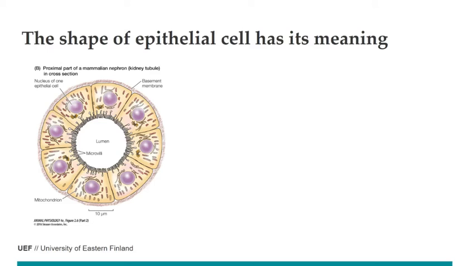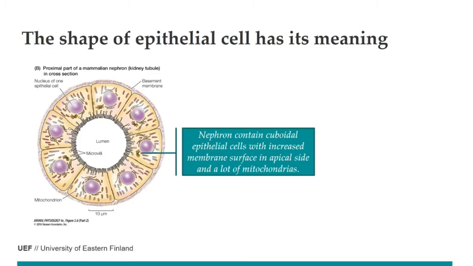The shape of the epithelia has some kind of meaning. In the nephrons, we have a lot of surface, so a lot of microvilli, to increase the absorption of material.